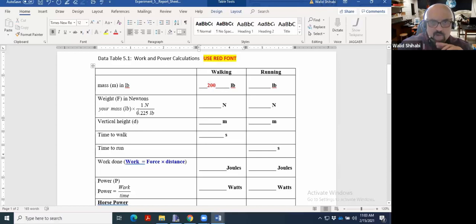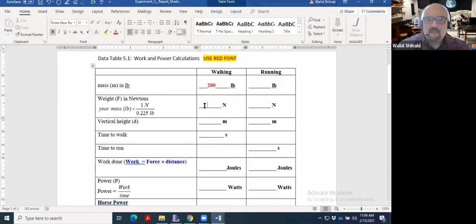To convert it basically to Newton, as I showed you in the problem we solved a few minutes ago, you have to multiply it by the conversion factor that has Newton in the numerator and pounds in the denominator, so that pound will cancel out with pound. So if somebody weighs 200 pounds and you divide by 0.225, this will give you around 890.